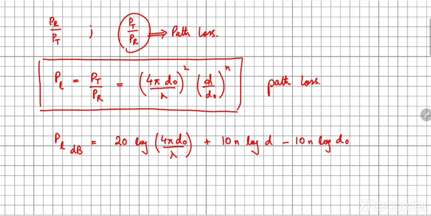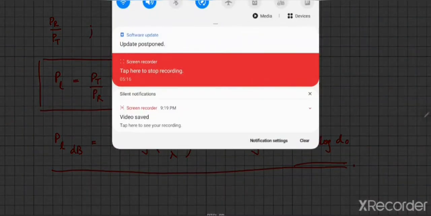And again, a simplified version of this path loss expression can be obtained if we put in a value of d naught equal to 1. In that case, this term would vanish, and this term would simply correspond to 20 log of 4 pi by lambda, which is the case in the free space path loss model. So I think that concludes the discussion on path loss.